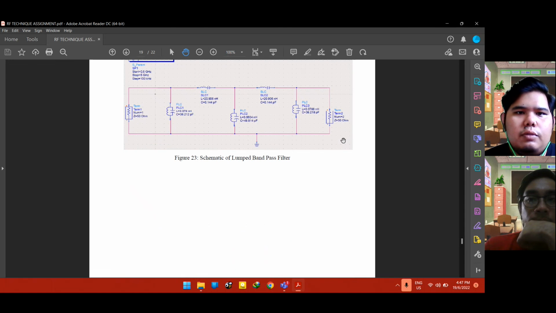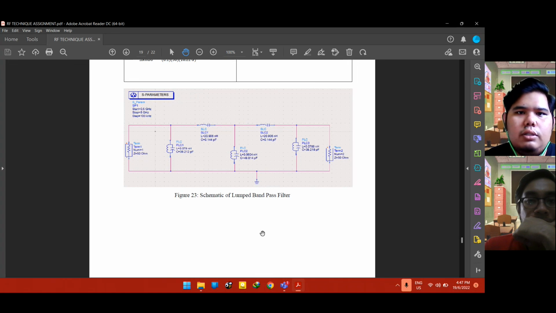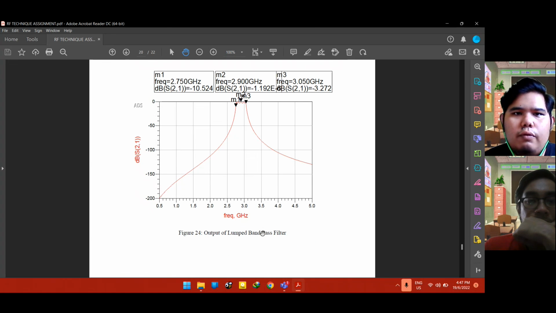Okay, here is the schematic of the bandpass filter. Here are the shunt capacitor and inductance, and these are the series capacitor and inductance. We designed it in ADS. After that, we find the output. Here is the output for the bandpass, here is the graph for the bandpass filter.